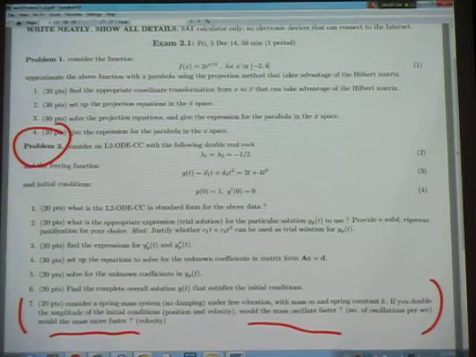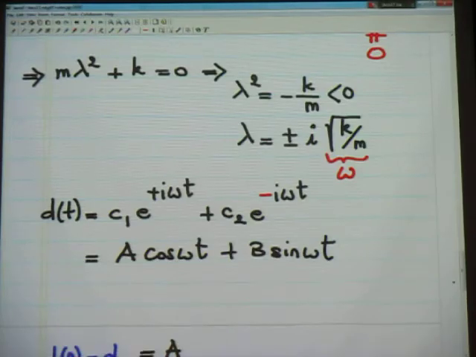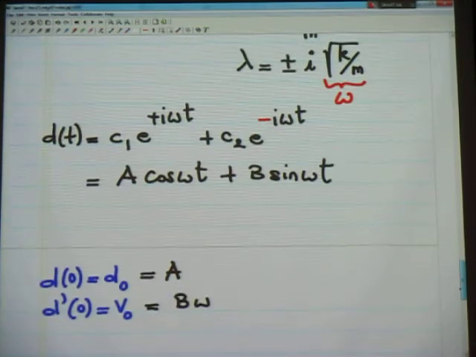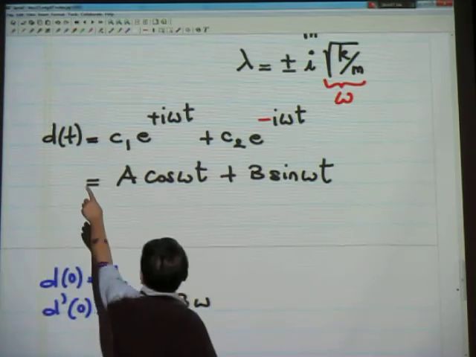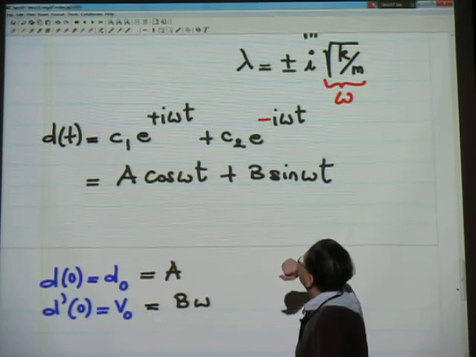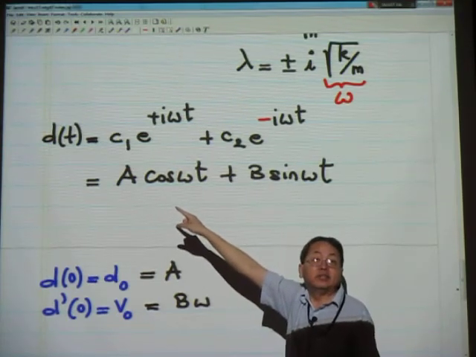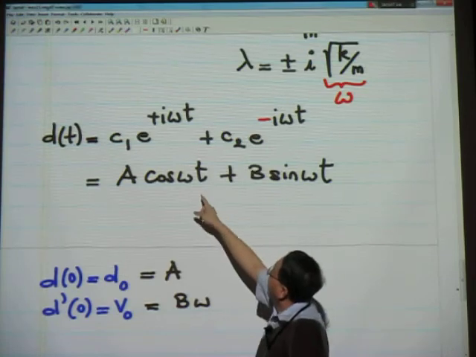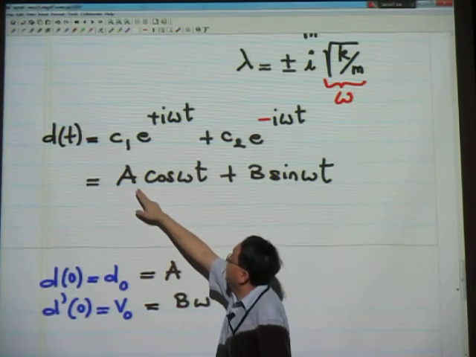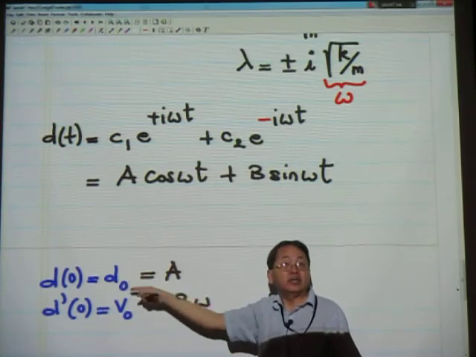And now for the second question, would the mass move faster? Well, you know the velocity, if you look at the answer here, you need to differentiate that, right? Which we did. What you notice is that when you differentiate the displacement to get the velocity, the omega comes out, but A and B are a function of the initial condition.